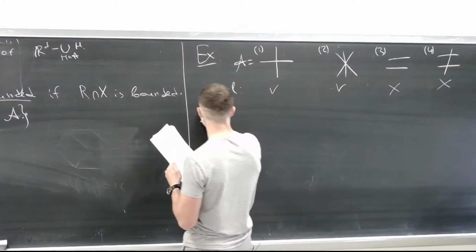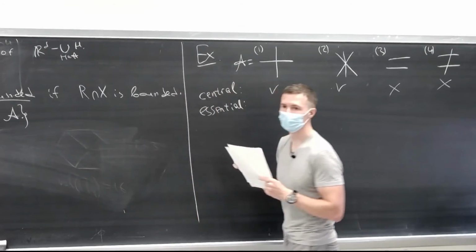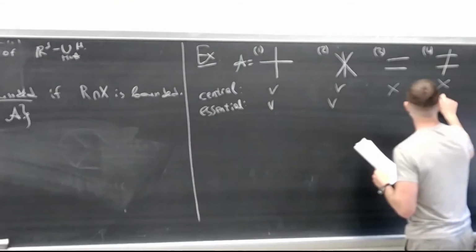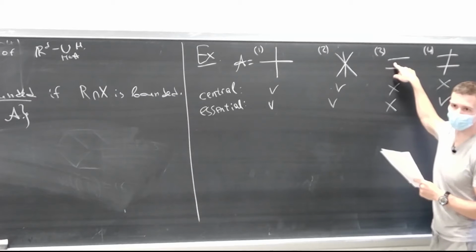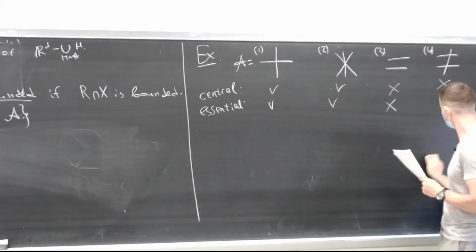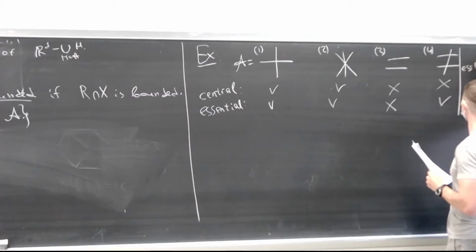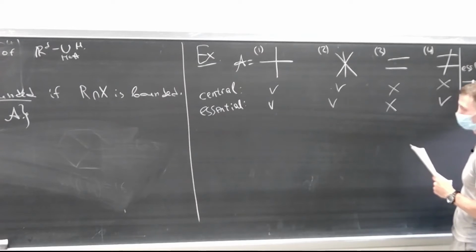Which ones are essential? 1, 2, and 4. Nice. But not 3. How does the essentialization of 3 look like? Okay, the essentialization of 3 looks like 2 points on a line. So these are the 2 hyperplanes.